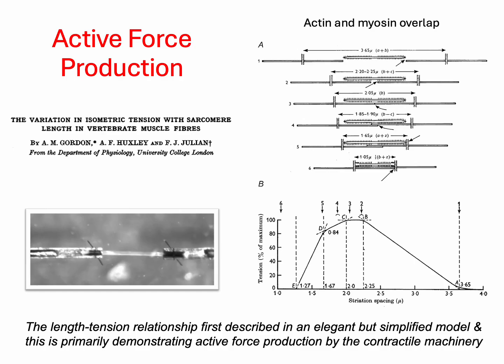Okay, so all we're looking at here, A and B, is again a length tension relationship, where you see the sarcomere spacing going from short, so that would be a really shortened muscle fiber, and you can see, so number 6, corresponding with 6 here, that there's very little opportunity for myosin to overlap with actin, and therefore you're not going to get much force production.